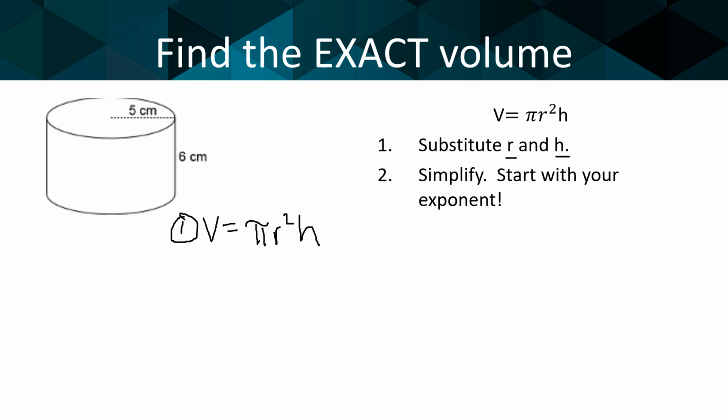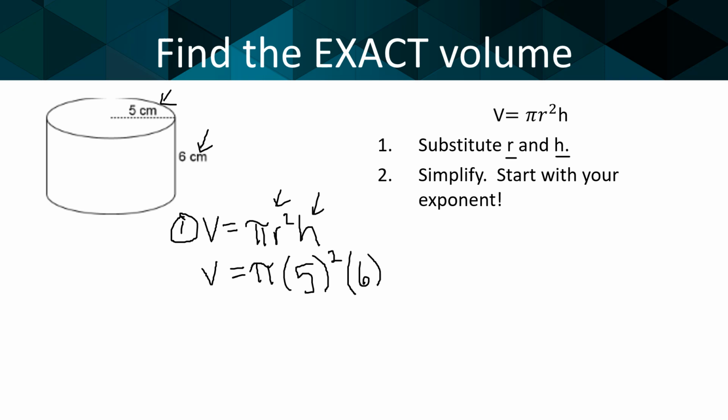And then when I replace the radius and the height, I will have volume equals pi times 5 for our radius squared times 6 for our height. And now let's go ahead and simplify this. Now remember, pi stays pi. We're not going to replace that with 3.14. We're going to leave it just as the symbol of pi.